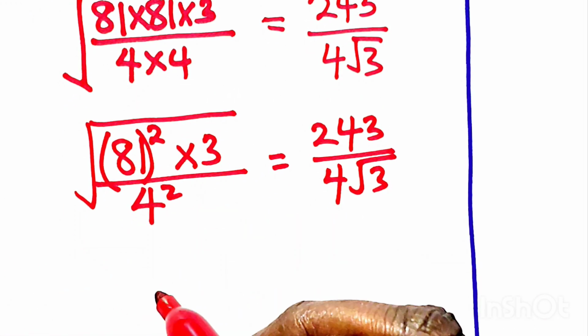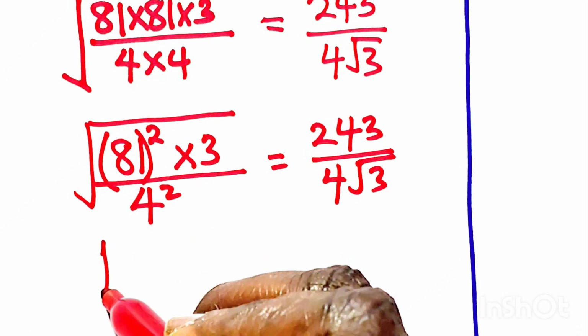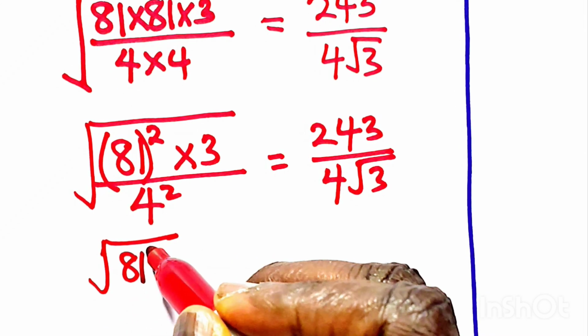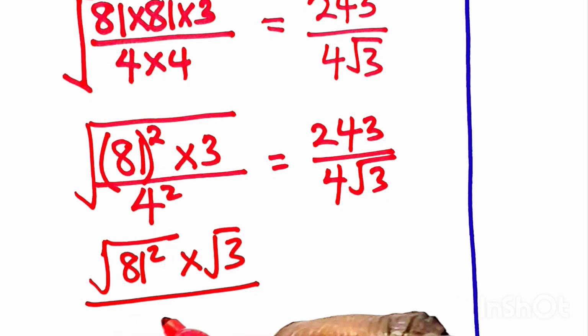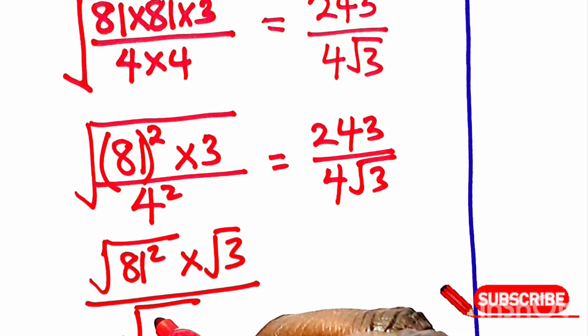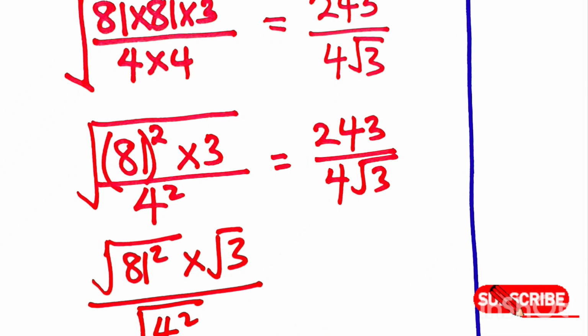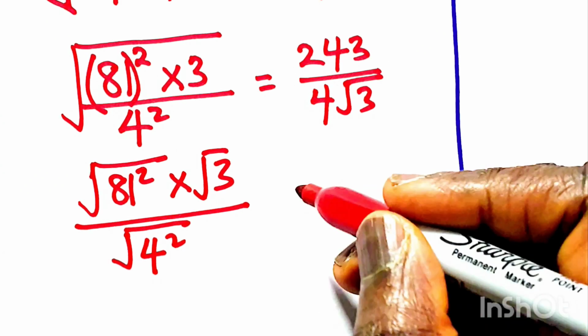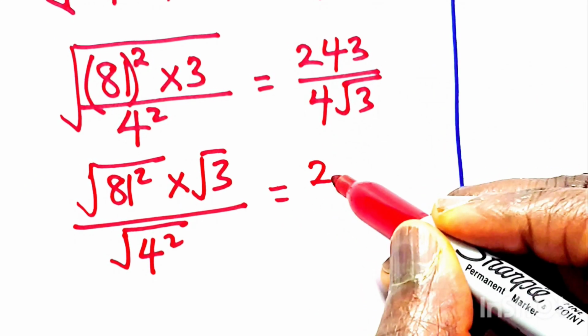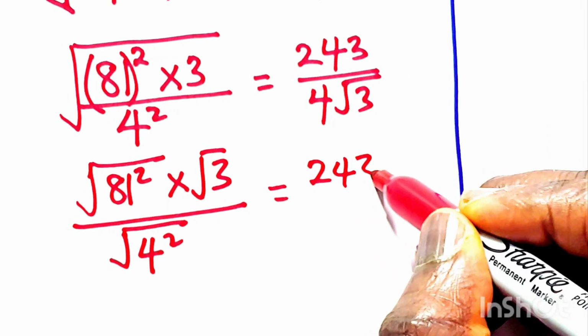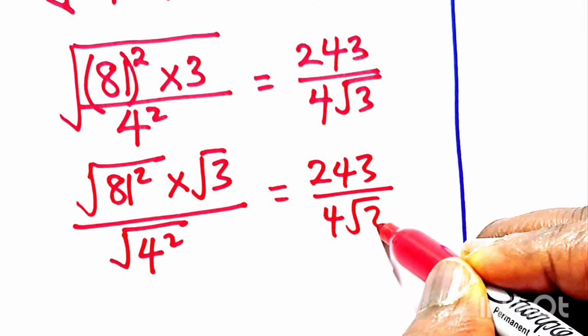So I'm taking that out, or I can easily say square root of 81 squared times square root of 3 divided by the square root of 4 squared. This is also acceptable. So it's equal to 243 divided by 4 root 3.